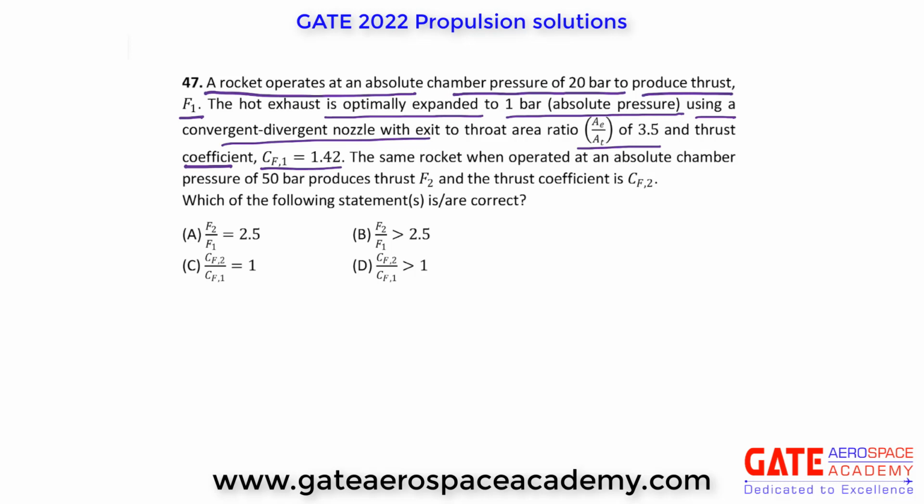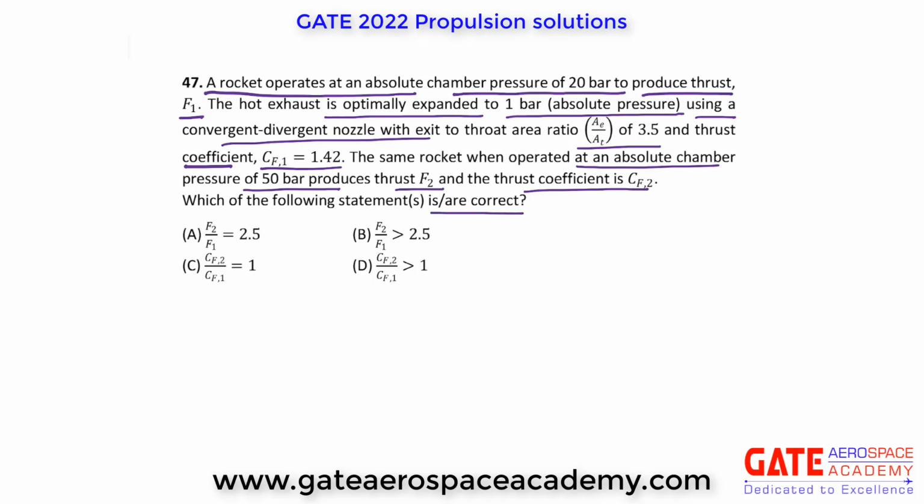The same rocket, when operated at an absolute chamber pressure of 50 bar, produces thrust F2 and thrust coefficient CF2. Which of the following statements are correct?